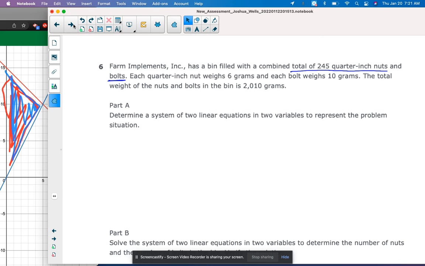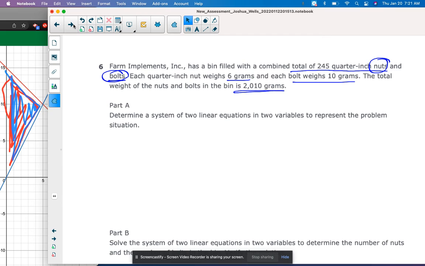Key thing here is we have this and this. Each quarter-inch nut weighs 6 grams, and each bolt weighs 10. The total weight of the nuts and bolts in the bin is 2,010 grams. So we need to write a system of equations and solve it.